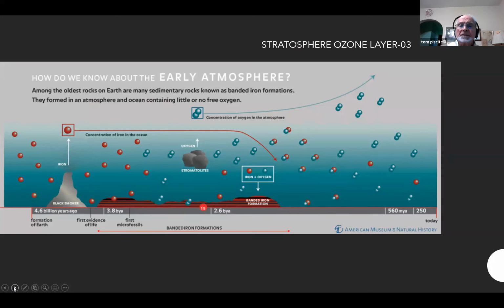Oxygen converted the suspended iron in the sea into these banded iron formations. At the end of this process, more oxygen could escape into the atmosphere, increasing its oxygen level. In the stratosphere, the ozone layer formed. The ozone layer reduced harmful UV rays, which would have prevented plants and animals from living on the land.